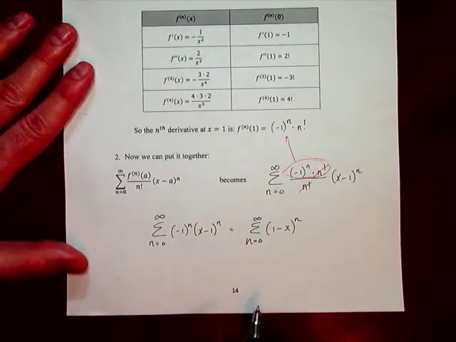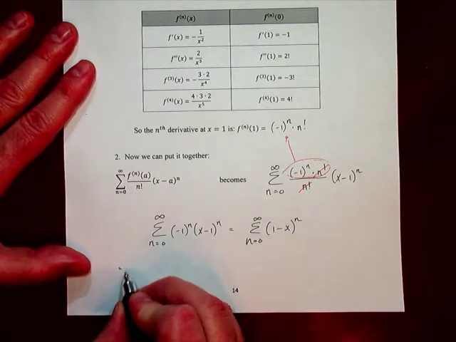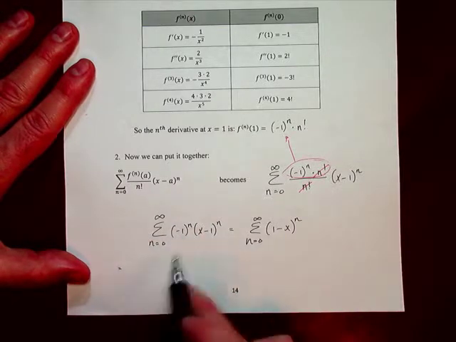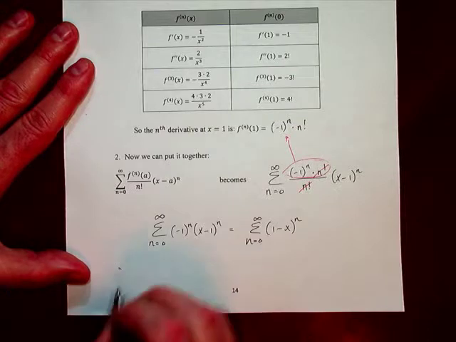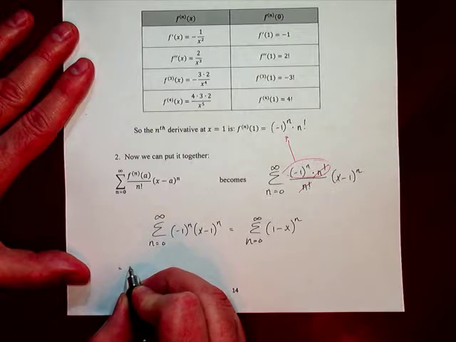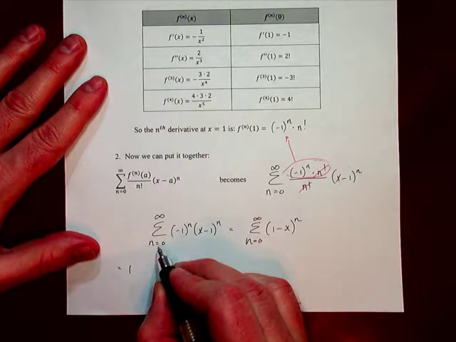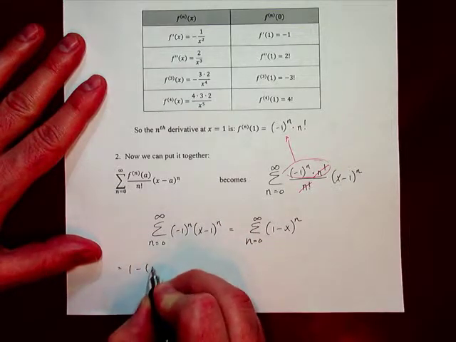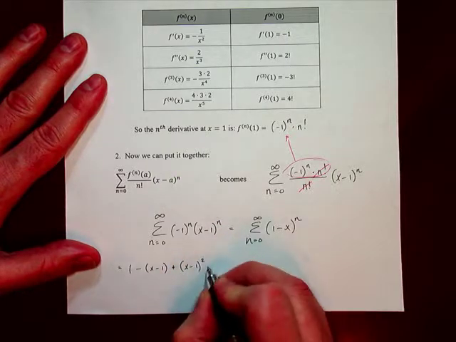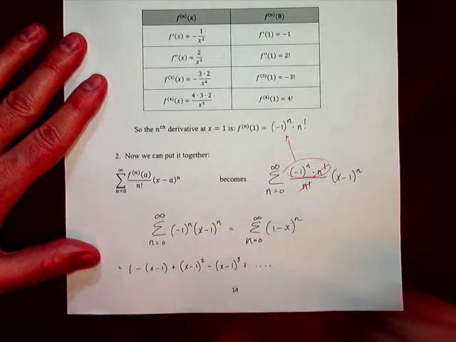Now, if you wanted to show it in expanded form, if you do it from here, you would have to alternate the signs. So plug in 0 and get 1, and then plug in 1 and you're going to get minus x minus 1, plug in 2 and you're going to get plus x minus 1 squared, and then plug in 3 and you're going to get negative x minus 1 cubed, and so on and on and on.